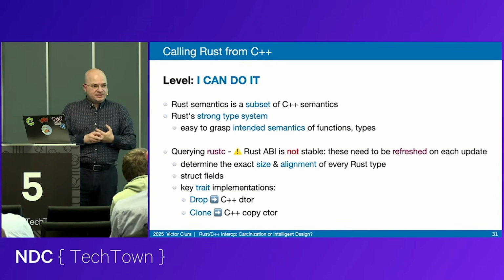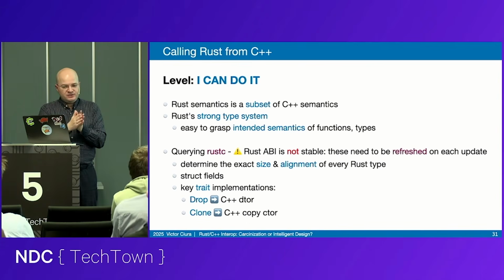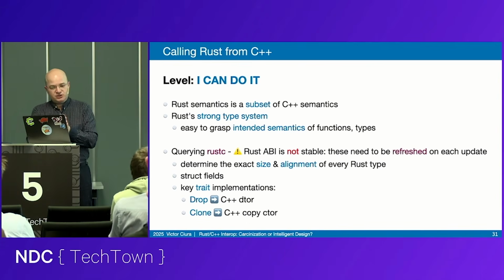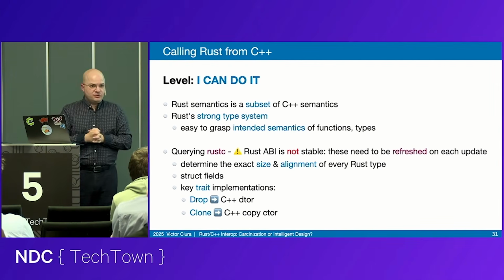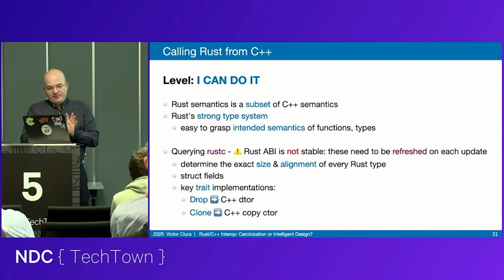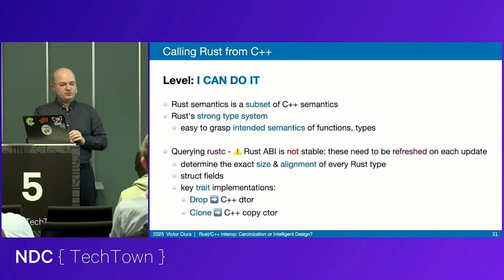Also, when querying the Rust compiler, although the Rust ABI, the internal representation, is not stable and is not guaranteed to be the same from version to version of the compiler, literally from today to the version from 6 weeks from now, there's no guarantee that it will be stable. So you always need to refresh these queries with each compiler version, hence being at the opposite end of the spectrum that I showed.